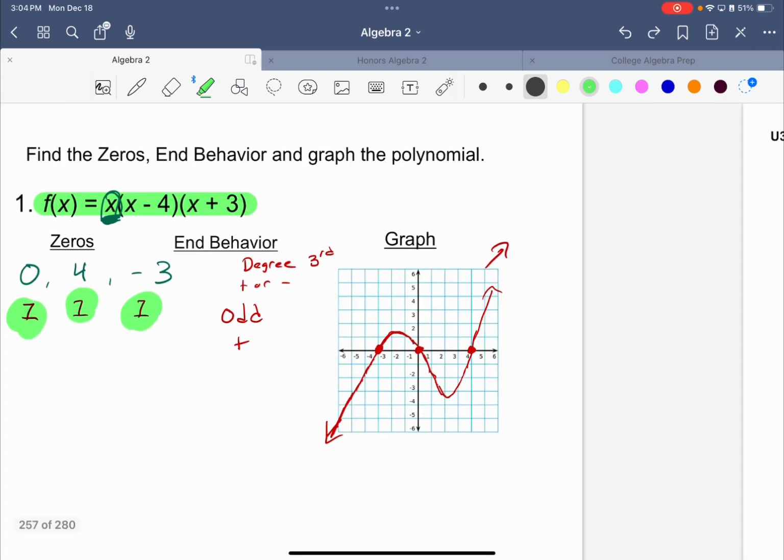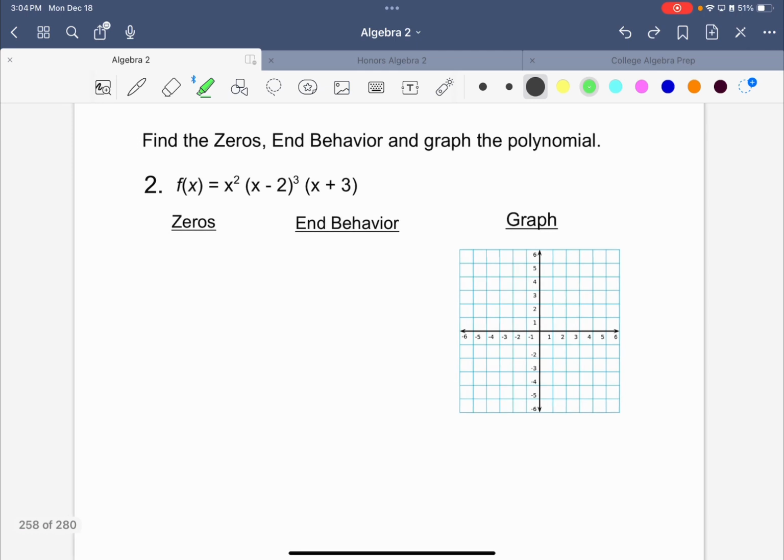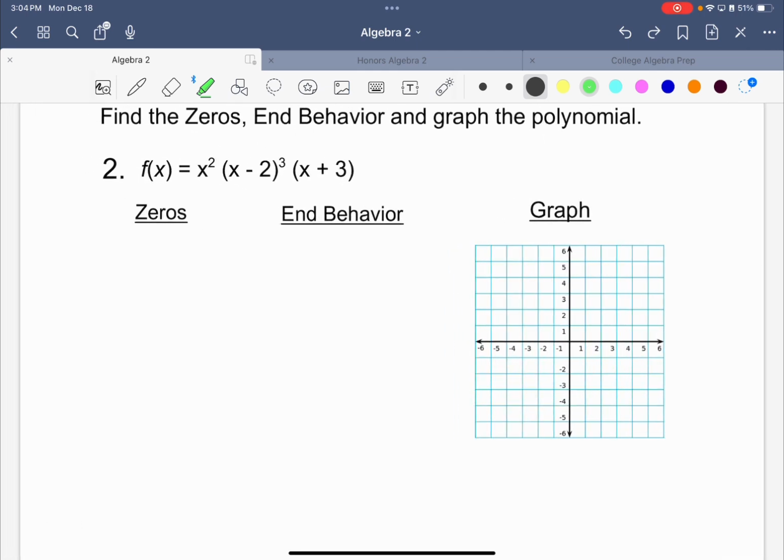Let's look at another one. Kind of in the same mode. We've got f of x is equal to x squared times (x minus 2) cubed times (x plus 3). Again, we'll do it together. x squared equals 0, so what does x equal? 0.